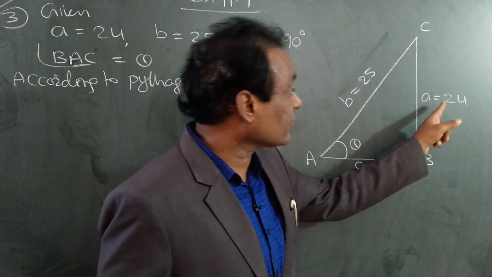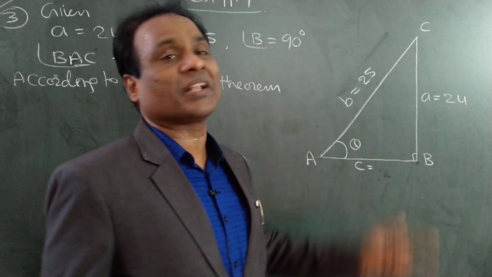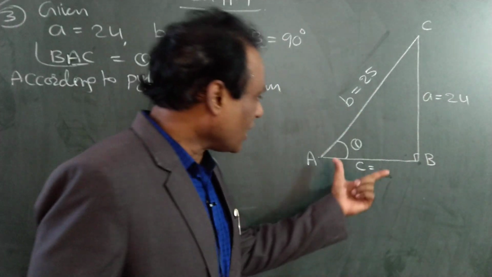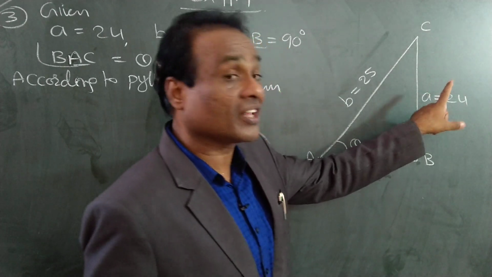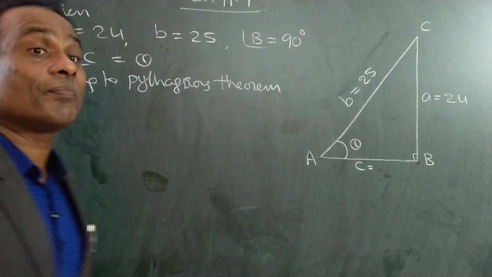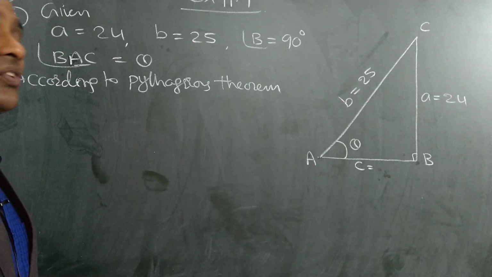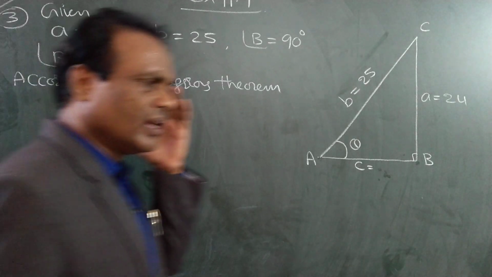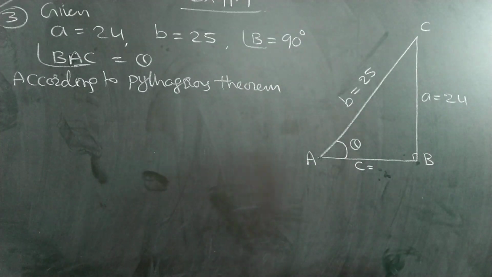Side square plus side square is equal to hypotenuse square. Small side square plus small side square is equal to big side square. That is the Pythagoras theorem. You studied it and applied it in many cases, and even in 10th class we are going to study some concepts in geometry.